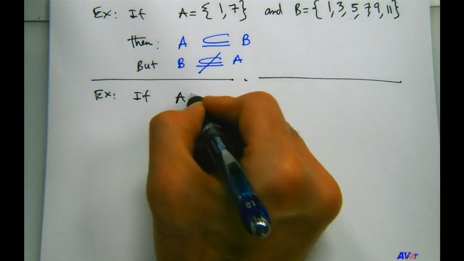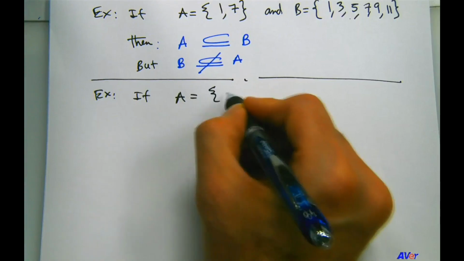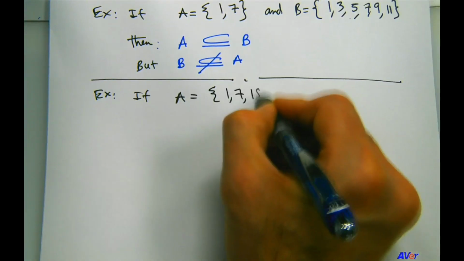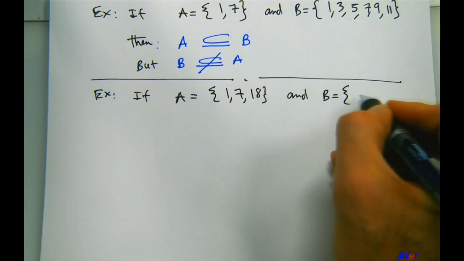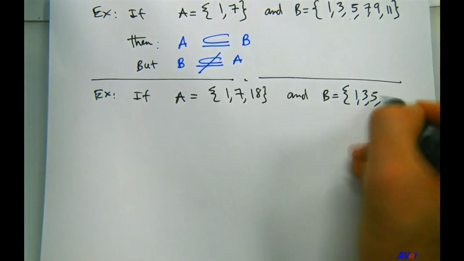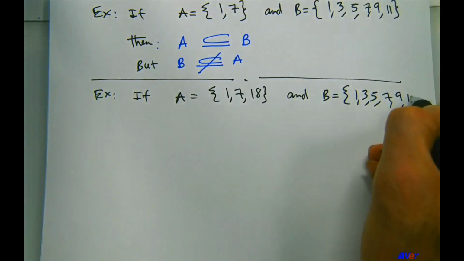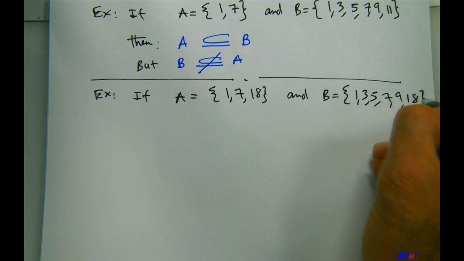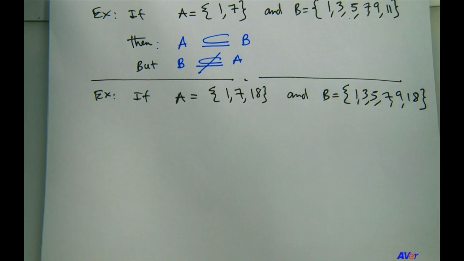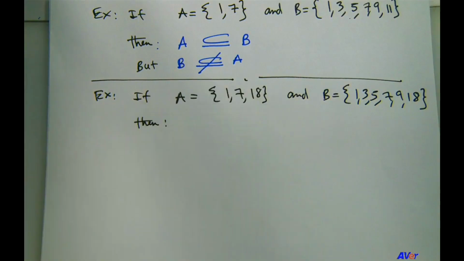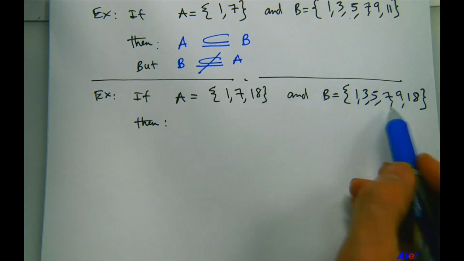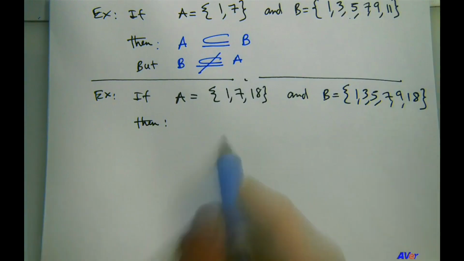So if A is equal to 1, 7, and 18, and set B is equal to 1, 3, 5, 7, 9, and let's say 18. Then is A a subset of, well, let me change something here, guys.